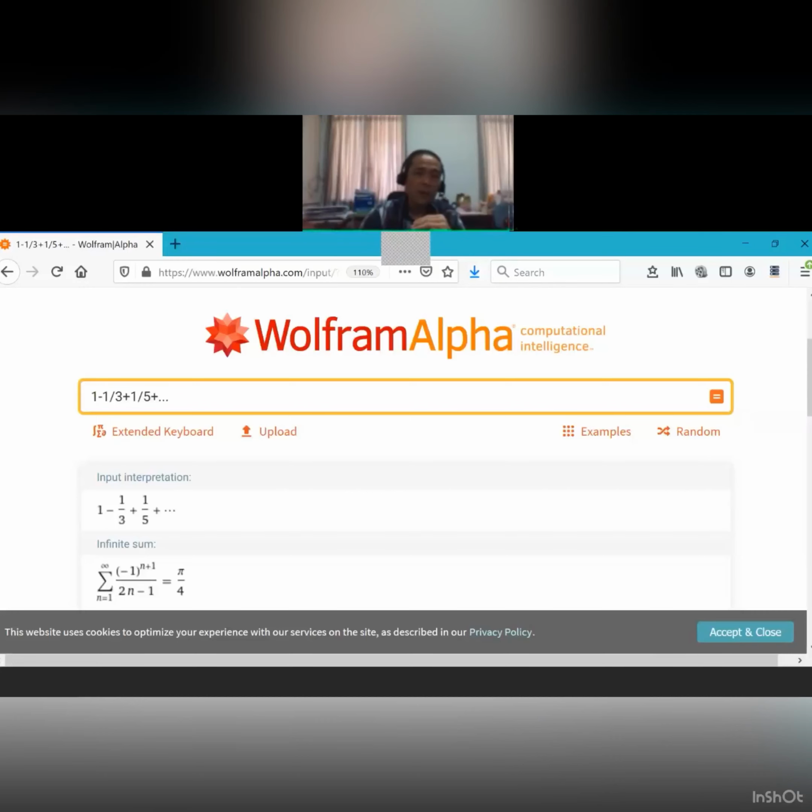When you type these 3 terms and then put the 3 dots, these online engine programs will know that this is a series submission. So we try to encourage them to think about how to develop this kind of software, with some element of AI. They will detect all these patterns and then calculate. Then the answer will be pi over 4.